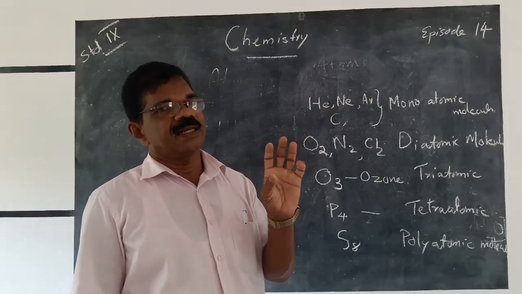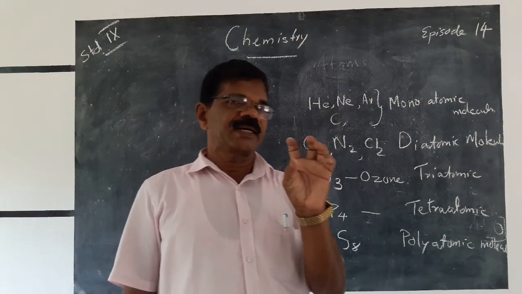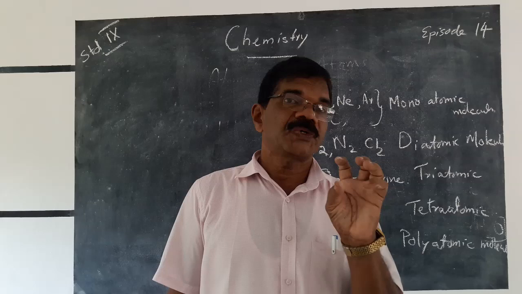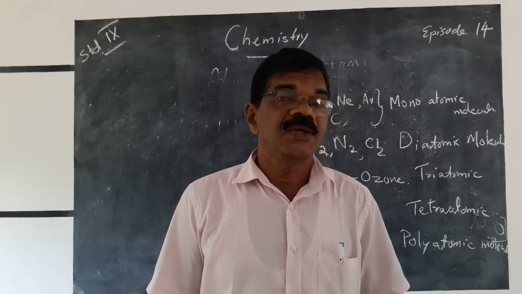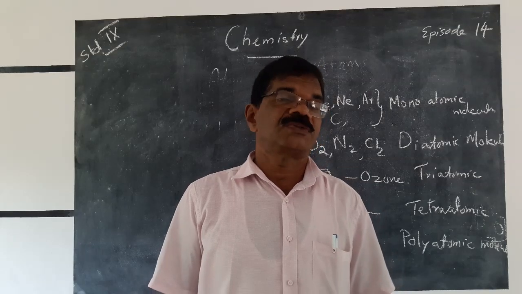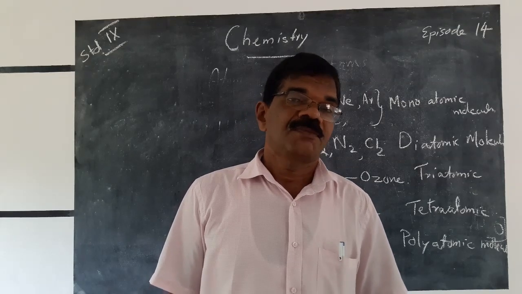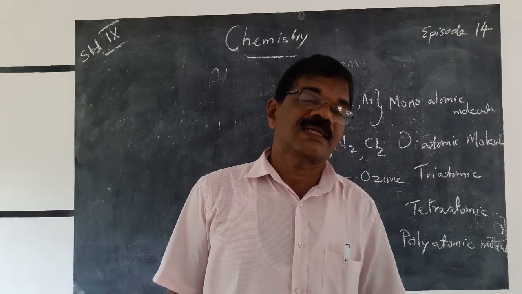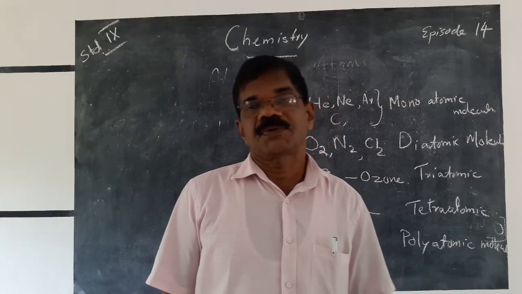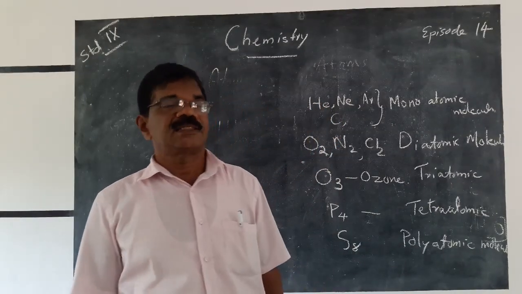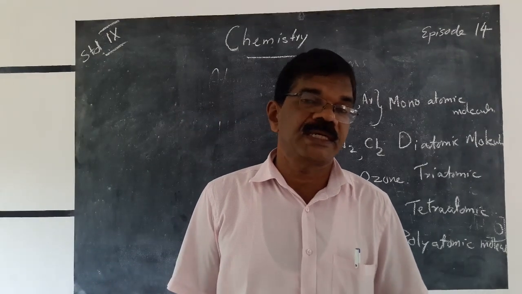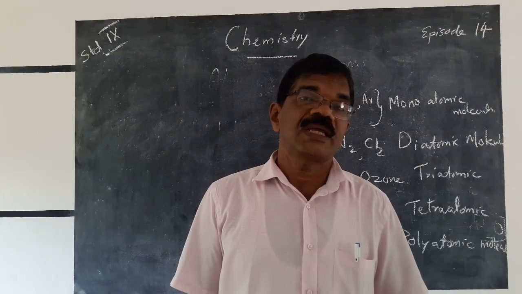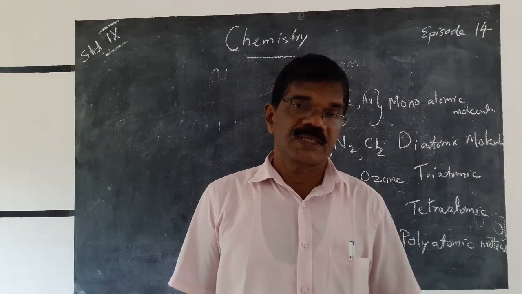That means there are 118 homoatomic molecules. What do we mean by homoatomic molecules? Hydrogen, nitrogen, oxygen, chlorine, sodium, magnesium, calcium, etc. Homoatomic molecules contain only one kind of atom.